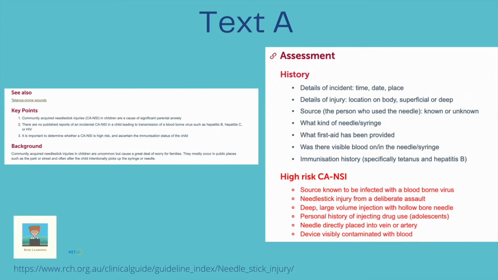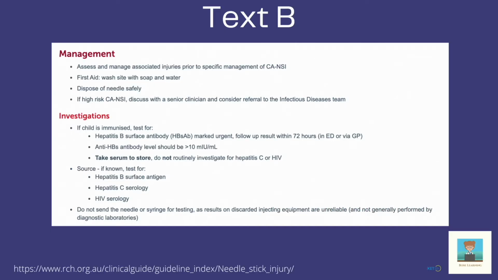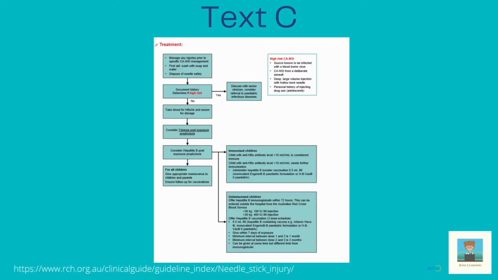So a quick recap then. Text A, if you remember, was all about needlestick injury assessment and categorization, and there was also some background information given about the problem. Text B was all about management and various tests and investigations that can be carried out for children who have got a needlestick injury.